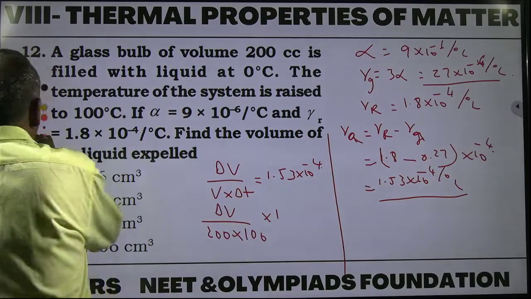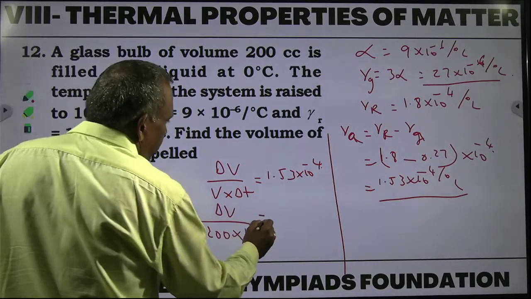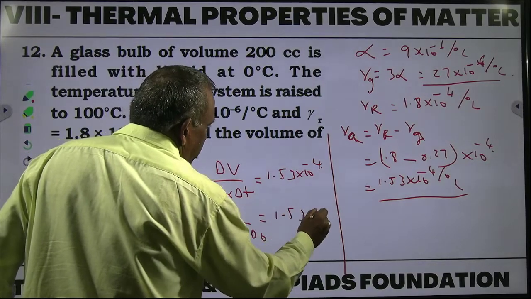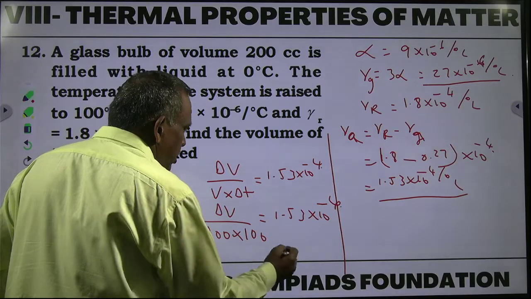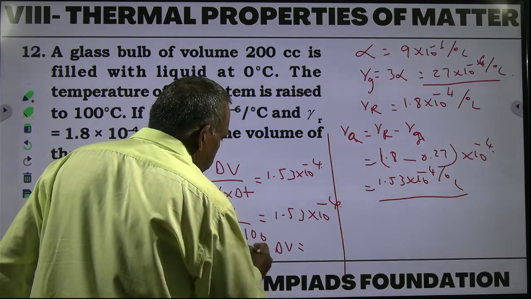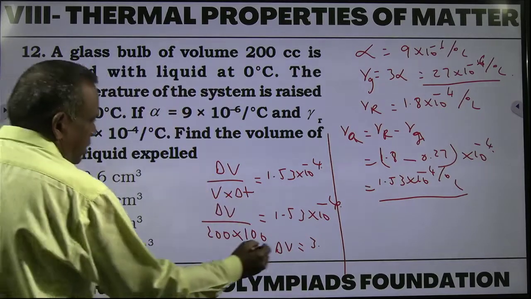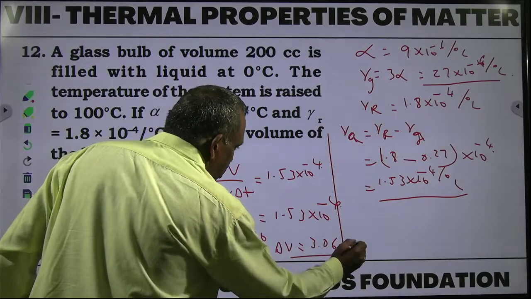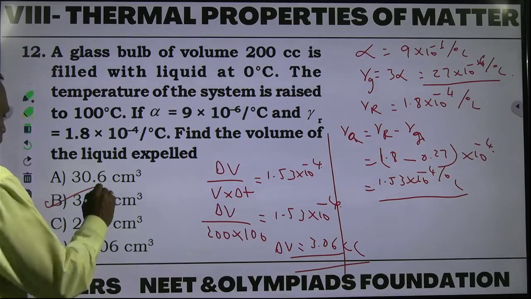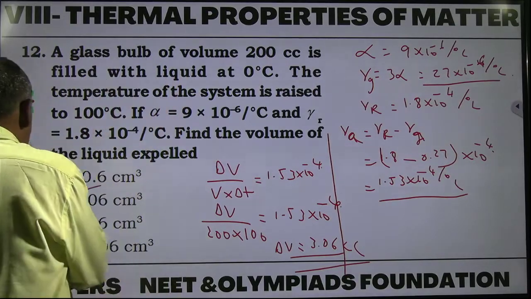If you simplify, with 1.53 into 10 power minus 4, delta V becomes, the 4 zeros get cancelled, 1.53 into 2, that is 3.06 cc. So option B is the correct answer for this case.